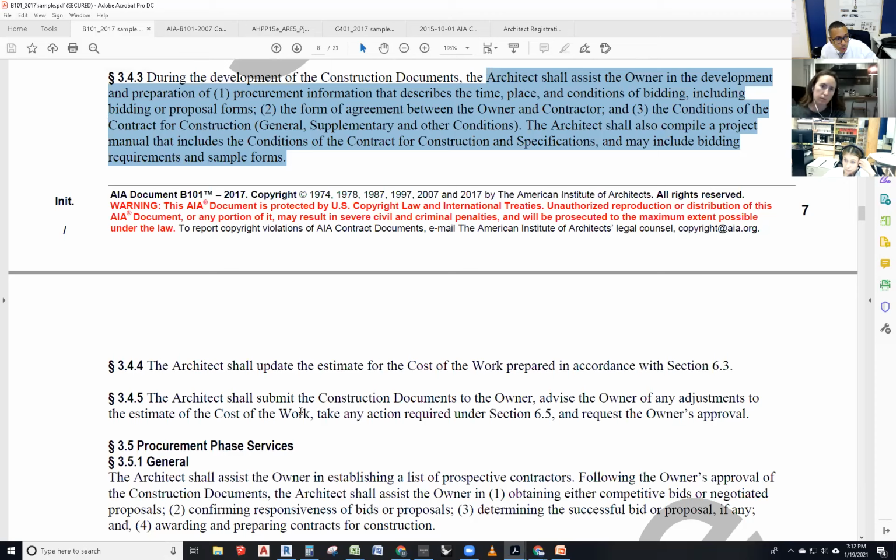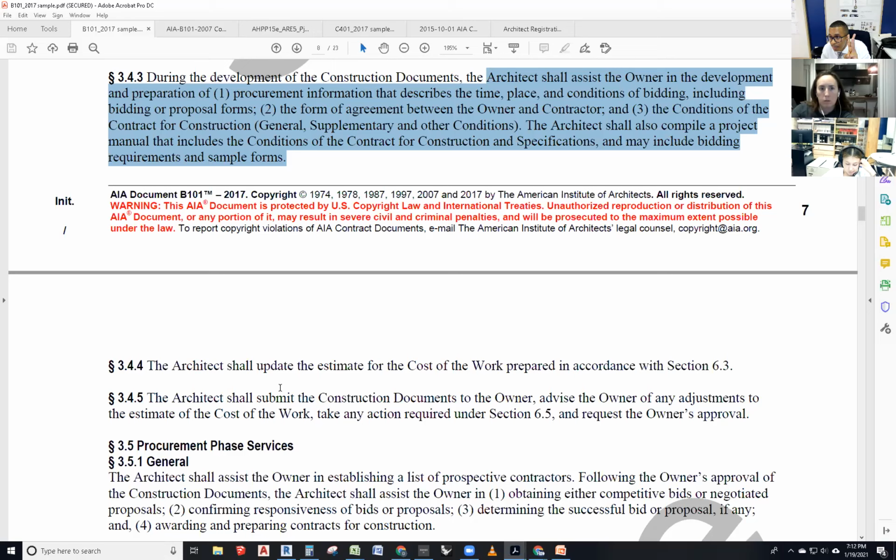The architect shall update, I'm sorry, the estimate for the cost of the work prepared in accordance with section 6.3. All right. So you create it for the first time doing a schematic. You update it for the first time doing design development. You update it for the second and last time at the end of construction documents.